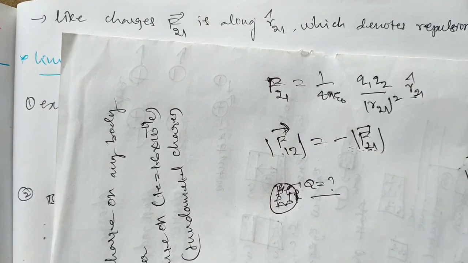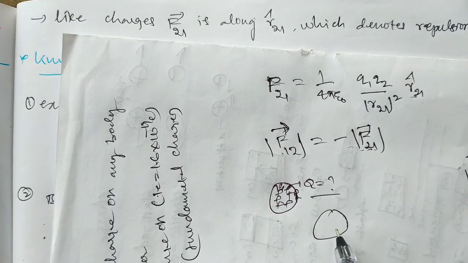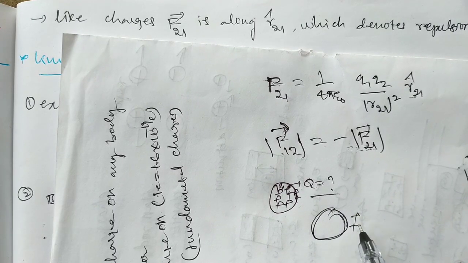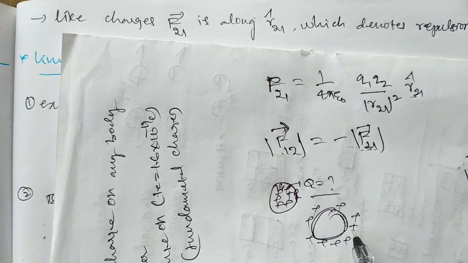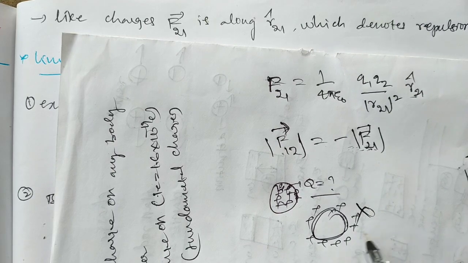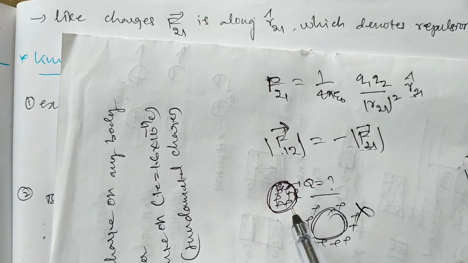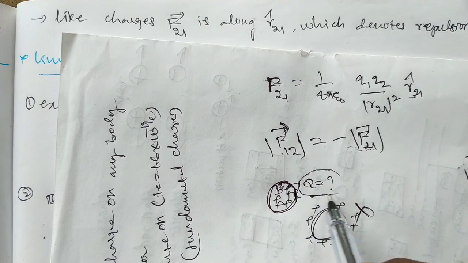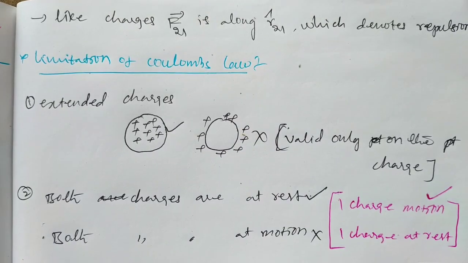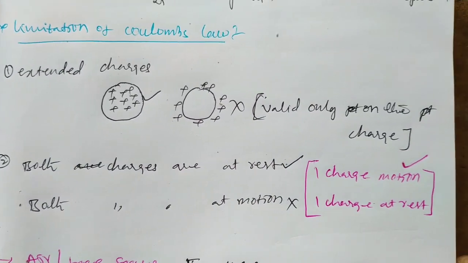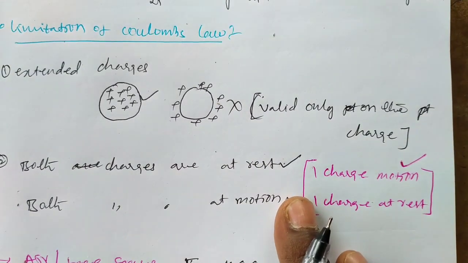But outside of the sphere, we do not consider it as a total charge. Inside the closed body or system we can find the charge of the body, that is a point charge or another charge.